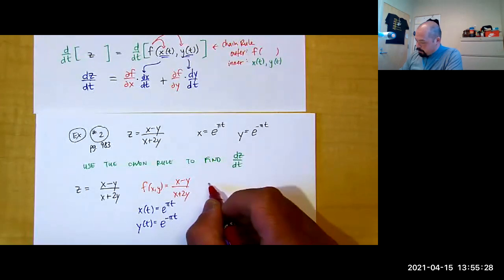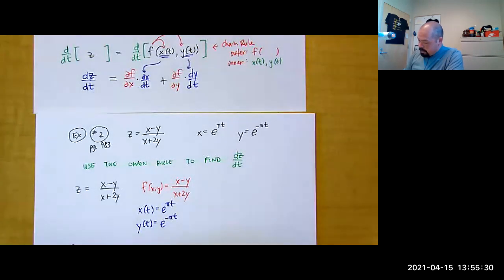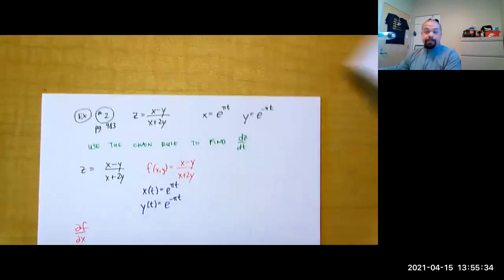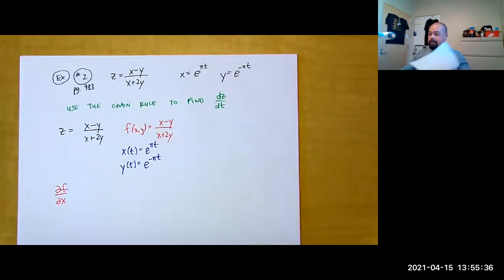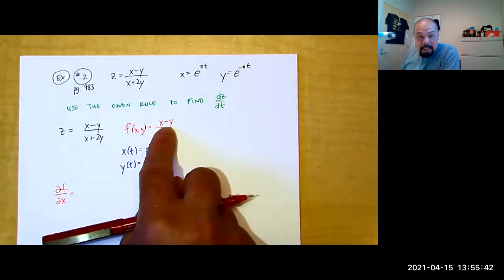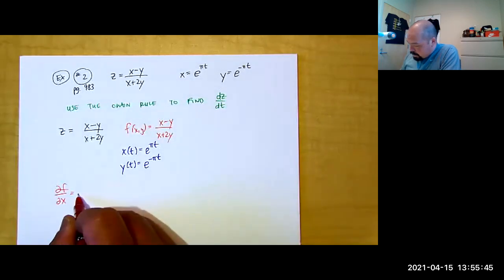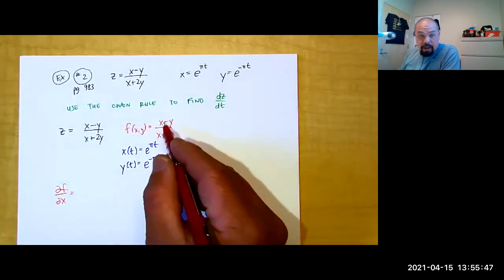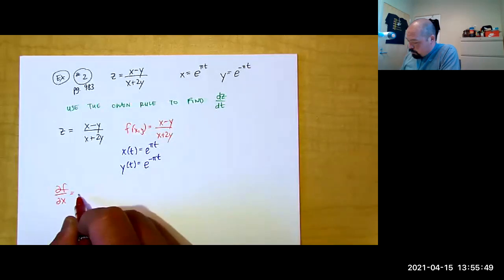So utilizing my notation up here, when I look at my df dx, I know I'm going to need some more space. So instead of trying to compact it up here, let's put that information below. I take that derivative with respect to x. y is a constant, x is the variable. It's still a quotient rule.